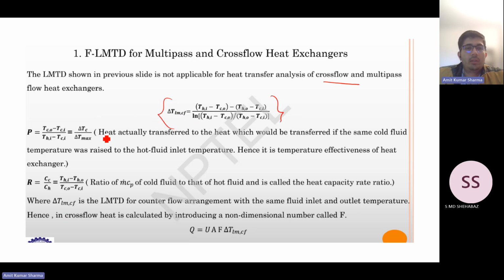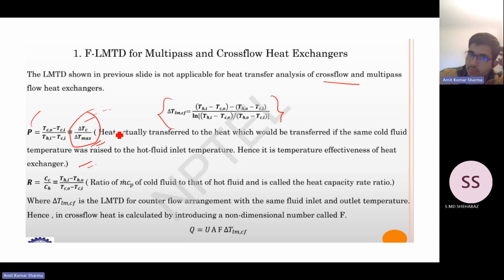Here P is the heat actually transferred relative to the heat which would be transferred if the same cold fluid temperature was raised to the hot fluid inlet temperature. Hence, it is the temperature effectiveness of the heat exchanger. We can calculate P, and it is going to be useful in the calculation of F. It is del Tc upon del T max.